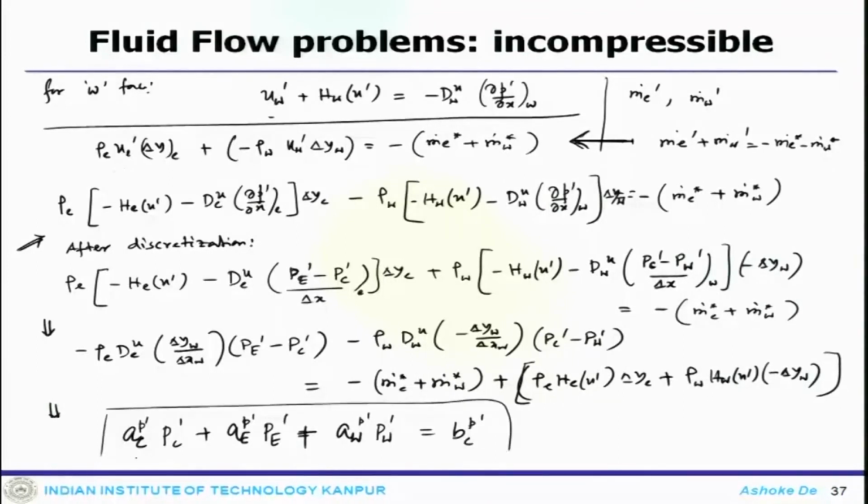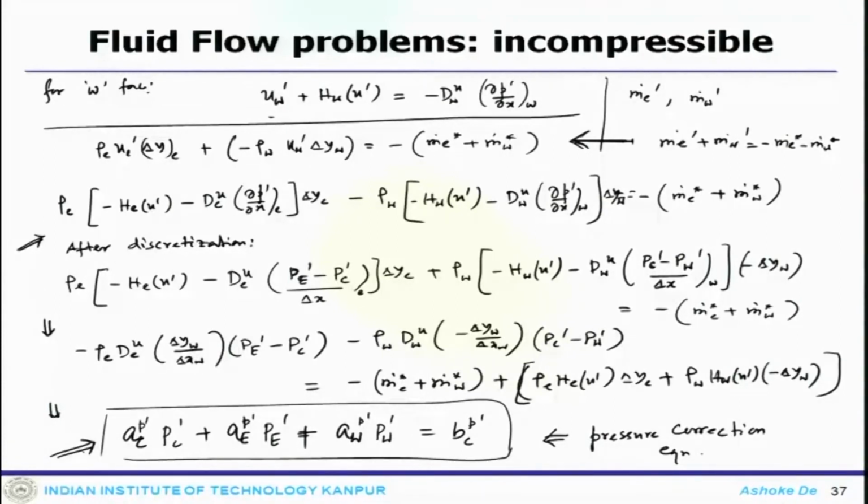So, you get a discretized equation just like your steady state diffusion system with source term, and this is the pressure correction equation. And the beauty of this discretized system, if you compare with the other one, is that the expressions look exactly similar. Where would the differences come?